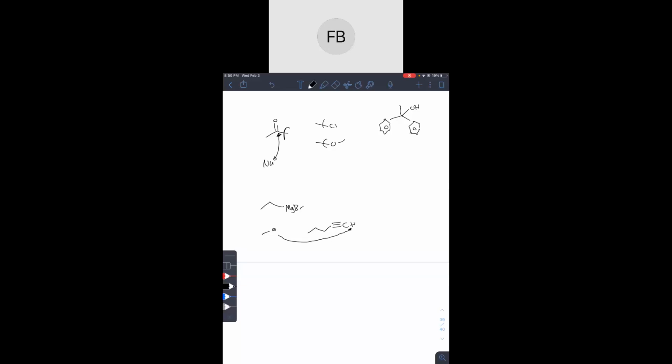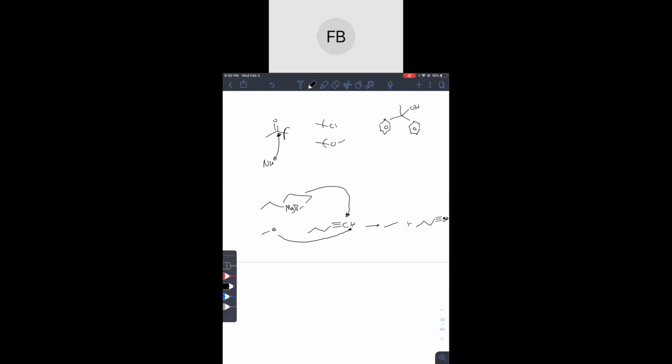What would happen in this case is that the MgBr is going to be attracted towards this carbon, because this carbon is now going to have a negative charge on it. So what we get is just this, and it's normal now. It has no charge on it. Plus, we're also going to get this original thing with the triple bond, but it's going to have an MgBr at the end.